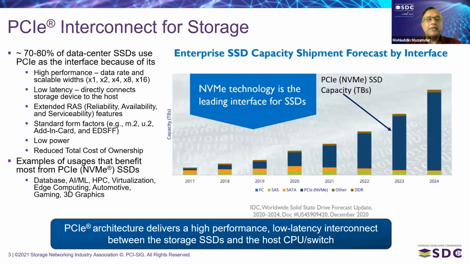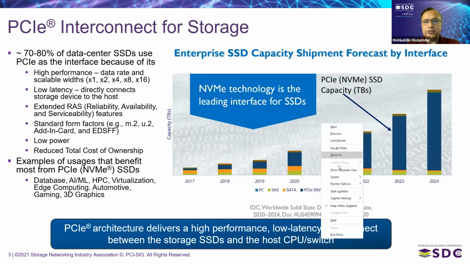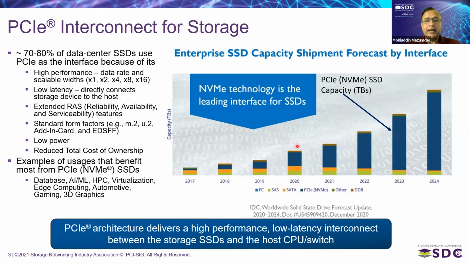So if we just look at the PCI interconnect for storage, the graph that you are seeing here is giving an example snapshot. If we focus on this blue color bar portion, that is NVMe PCIe based. As we can see from 2017 and moving into the future, into 2024, it is growing very rapidly.